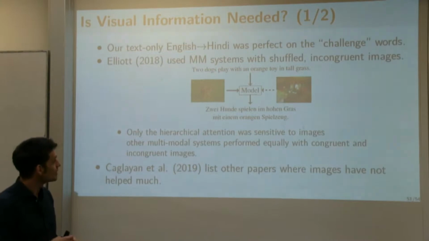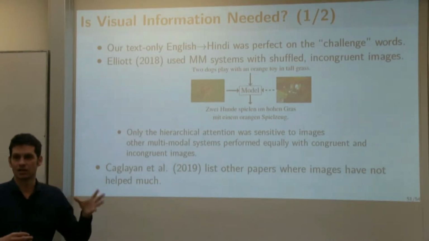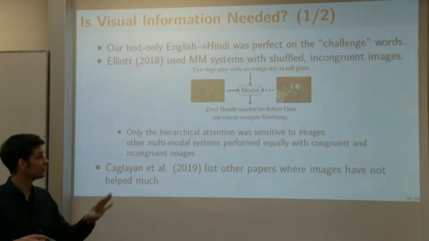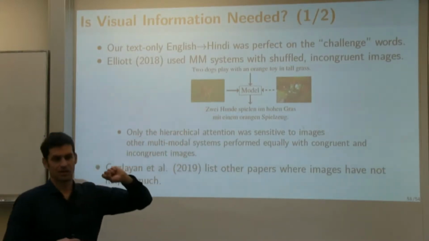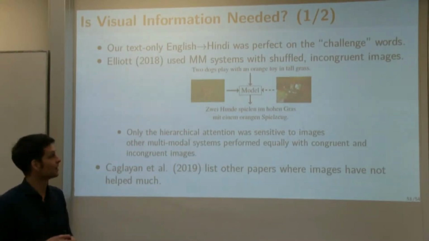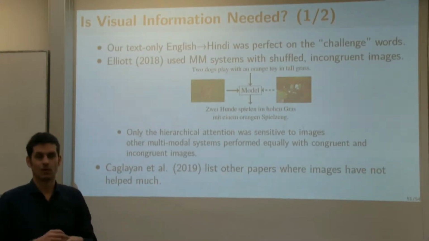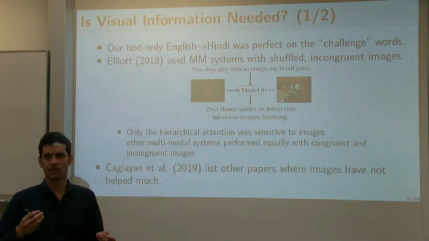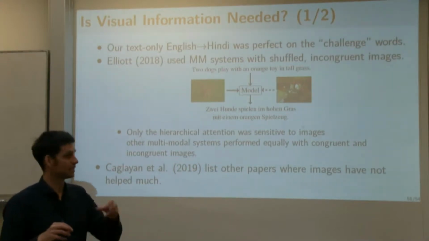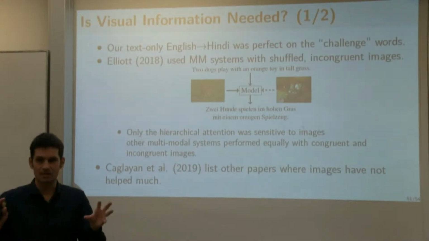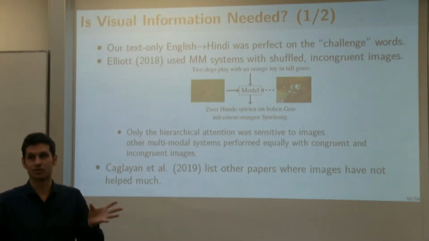And interestingly, only the hierarchical attention approach was sensitive to that image. So the other setups in which people use the images work equally well if you provided them with the correct image as if you provided them with the wrong image. And that means that the image information was never used by those models.